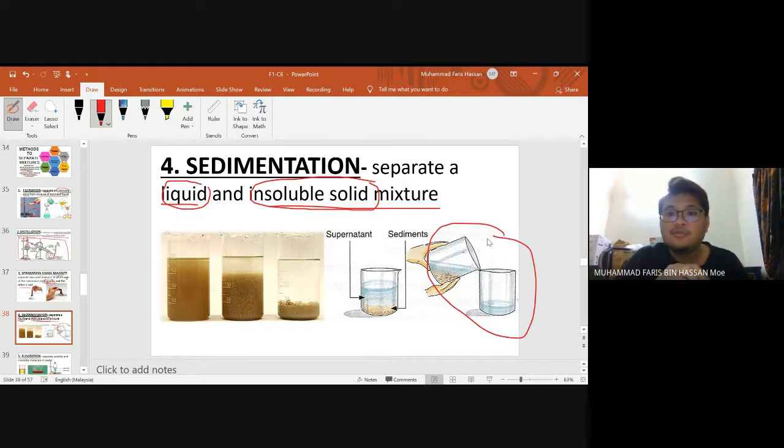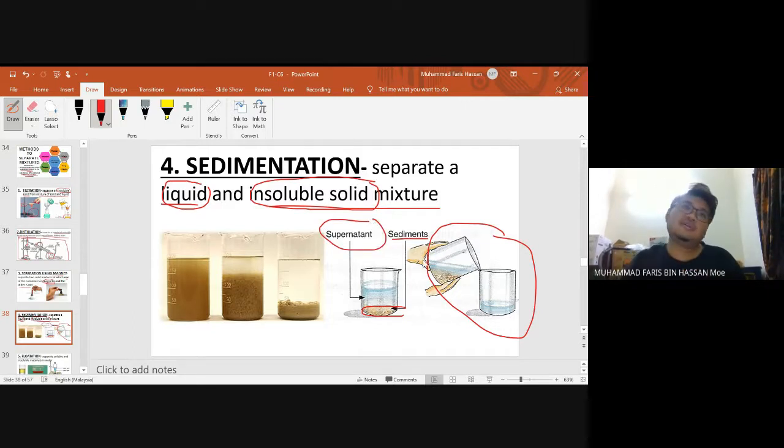Just pour the water into another beaker, and please make sure that the sand does not go into the next beaker. At the bottom part of the beaker we call it the sediment, and at the top we call it the supernatant.